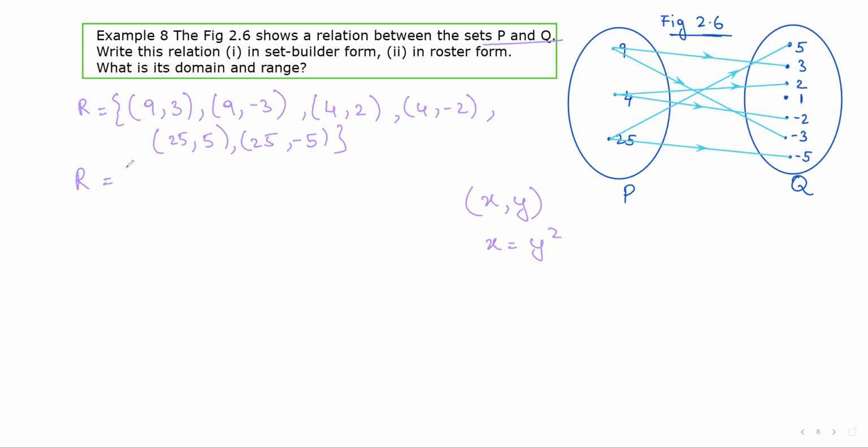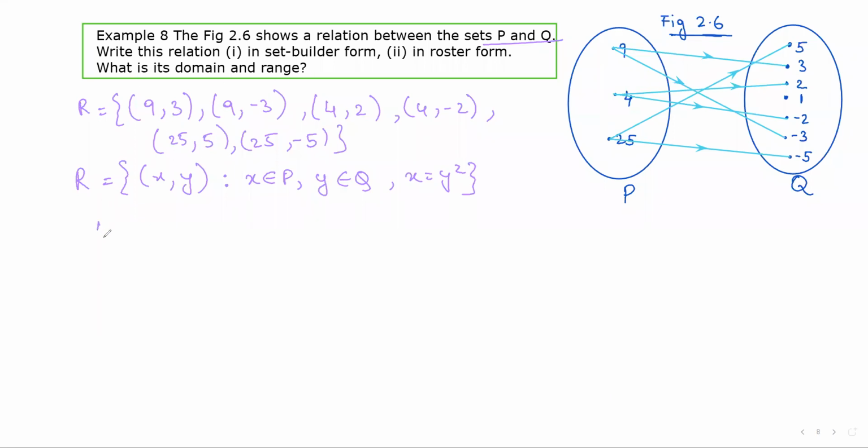Your relation R can thus be written in set builder form as a set of all the x comma y ordered pairs such that x belongs to P, y belongs to Q, and x is equals to y square. So this is writing it in roster form. Writing it in set builder form.